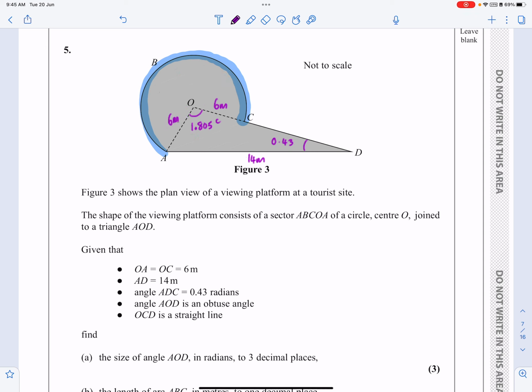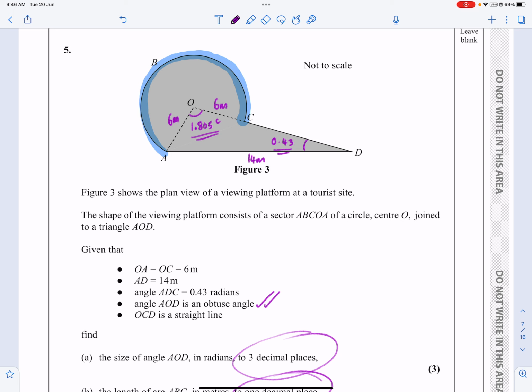When I'm doing the sector, remember, my angle will be that one round there, but when I'm doing my triangle, I'll be using 6, 14, and that angle in my half BC sine A. So that angle there is going to be pi over 2 minus 1.805 minus 0.43.